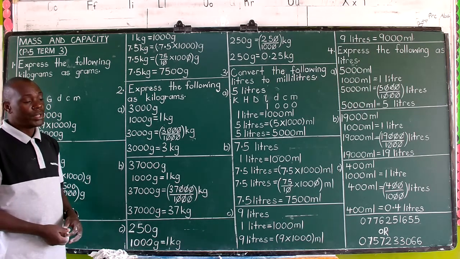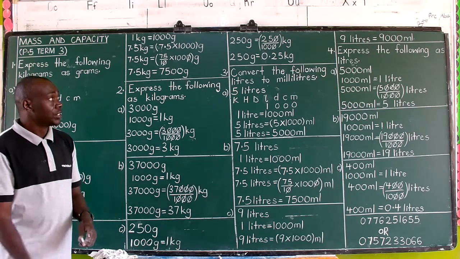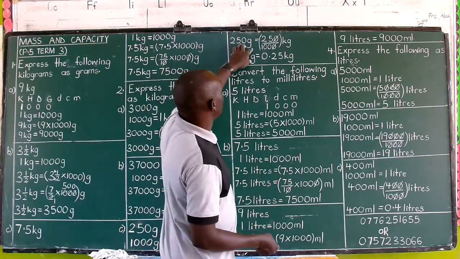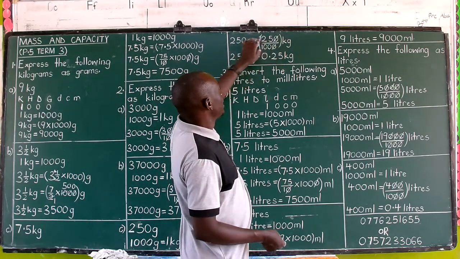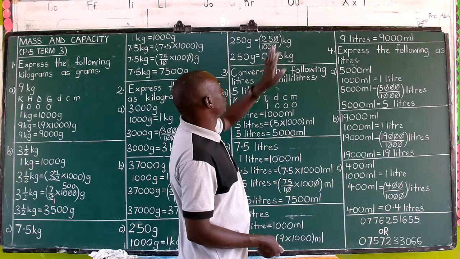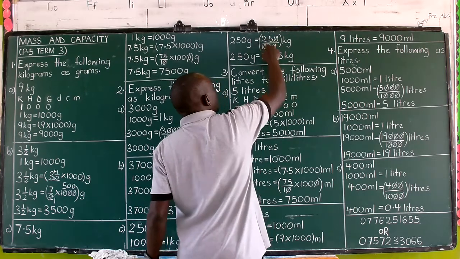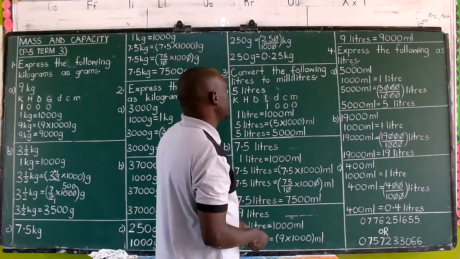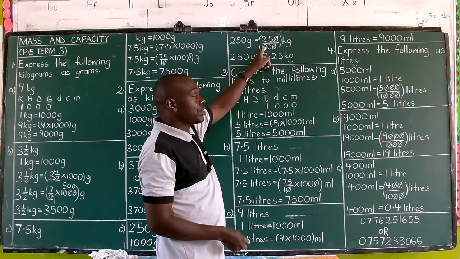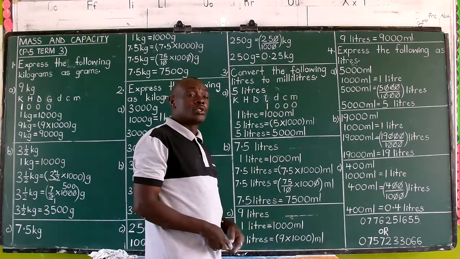If that's true, then it's going to be a fraction. You know, a fraction is a part of a whole. So we go 250 grams equals 250 out of 1,000 kilograms. Then cancel by 10 by 10, remaining 25 out of 100, thereby getting 2 decimal places because of the 2 zeros here. So the answer is 0.25 kilograms.